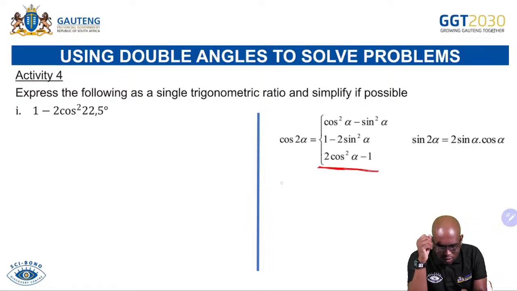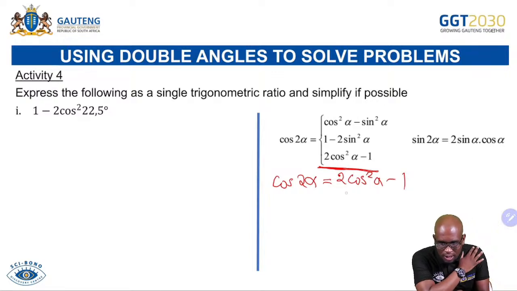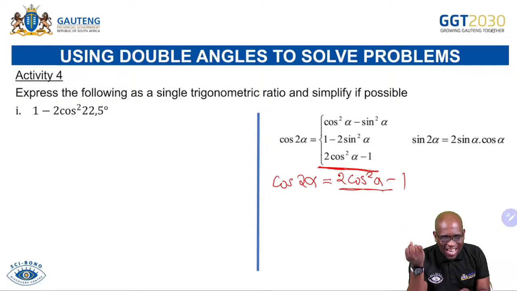We have cos 2 alpha as 2 cos squared alpha minus 1. The only problem with this is that the signs are the opposite of what is in the formula. In the formula, 1 is negative. Here, 1 is positive. 2 cos squared of the angle alpha is positive in the formula, but here it's negative.